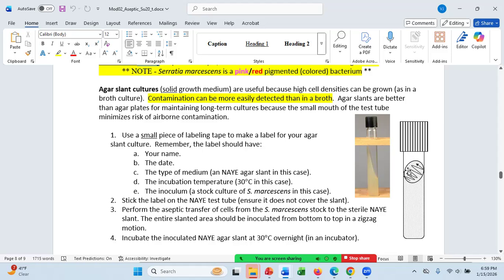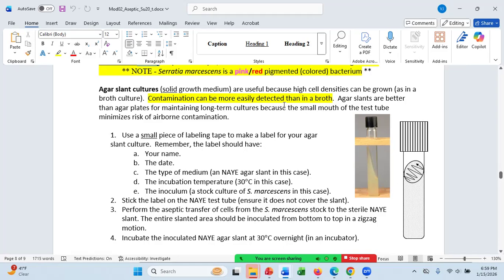And it'll be easier to determine because it will grow as a colony. So you'll see either a non-red colony growing right there, or you'll see a colony growing off where you streaked it, and that will be a contaminant. So it's easier to see a contaminant when you're growing on an agar slant than when you're growing in a broth.